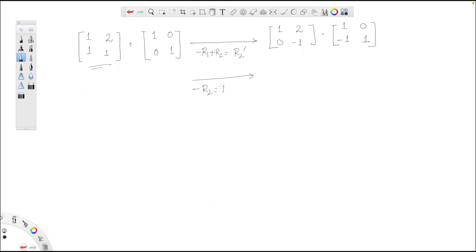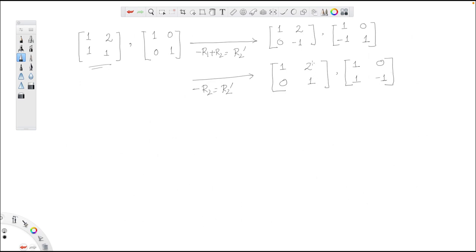So minus r2 is equal to r2 prime is the corresponding elementary row operation. So the first row stays the same, 1 0, and this is going to be 0, this is going to be 1, this is going to be plus 1, this is going to be minus 1.